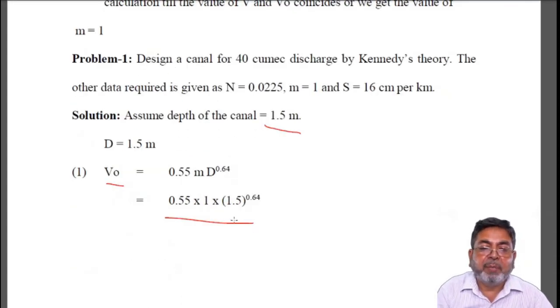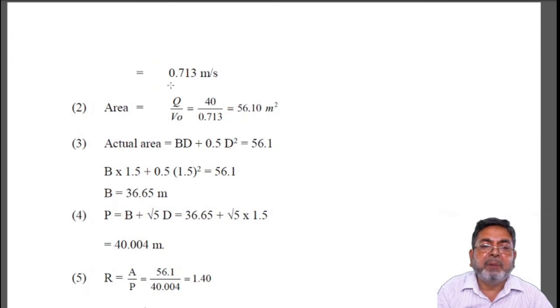The V0 has come out to be 0.713 meter per second, and you will put this 0.713 in this equation of area, Q upon V0. Q is given to you as 40, and this velocity you have just got, 0.713. So this has been put here. So the area has come out to be 56.1 square meter.